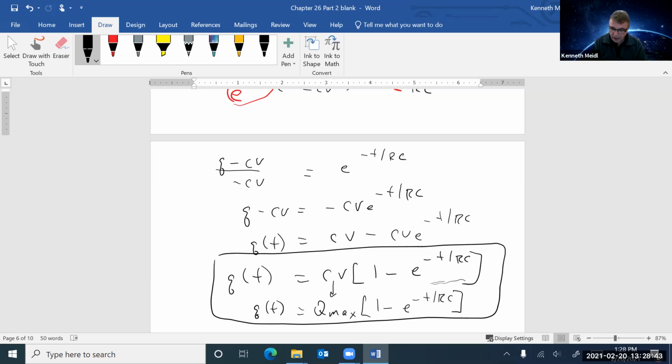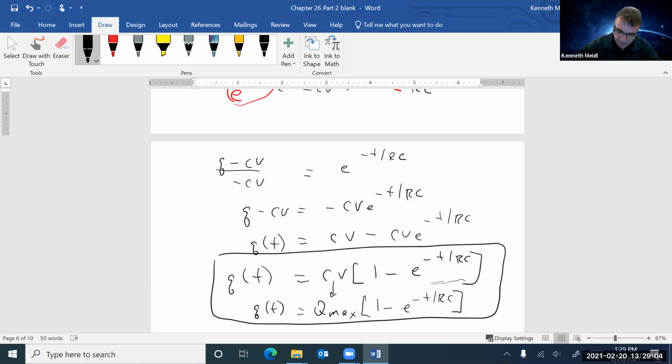Now, when you take a look here, as t goes to a very big number, that exponential starts going towards 0. 1 minus 0 is 1, 1 times Q max, and you're building up to Q max. So really this function starts at 0 and it builds up to some sort of value.